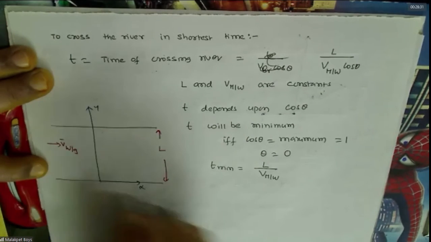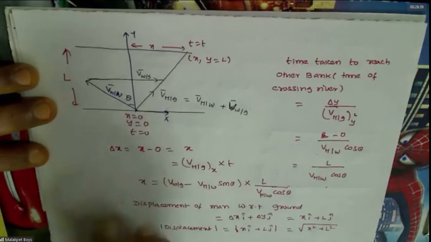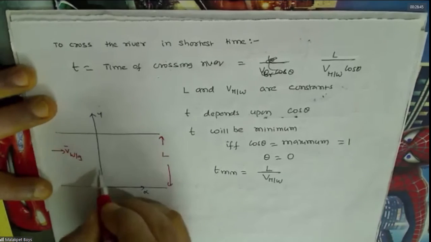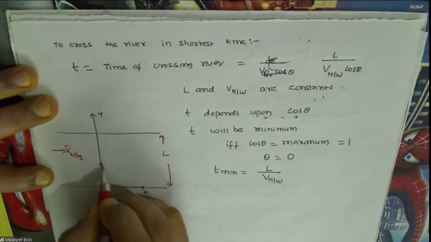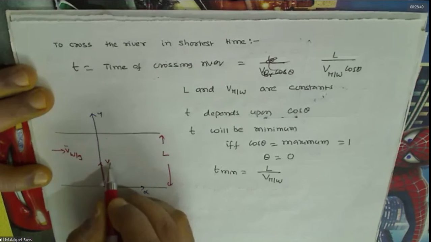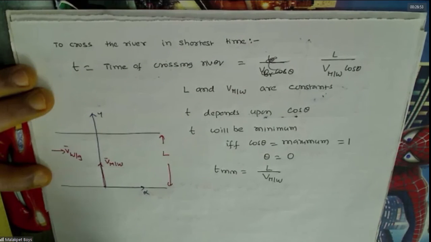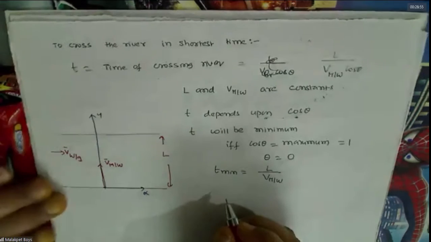Theta is 0 means in which direction he has to swim? Theta is the angle made with the perpendicular. That means his velocity of man with respect to water must be in this direction. Agreed?